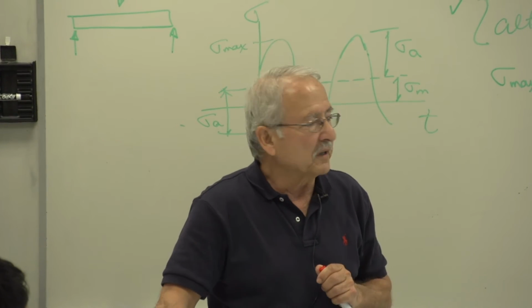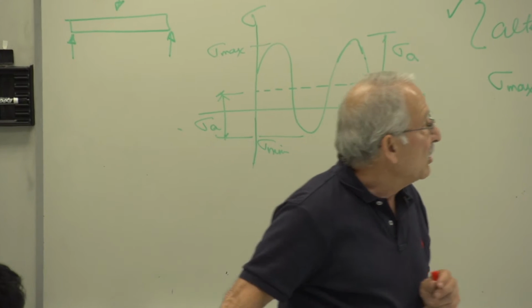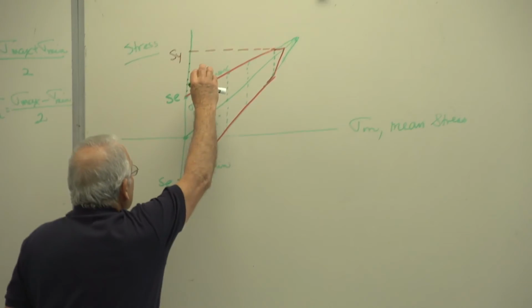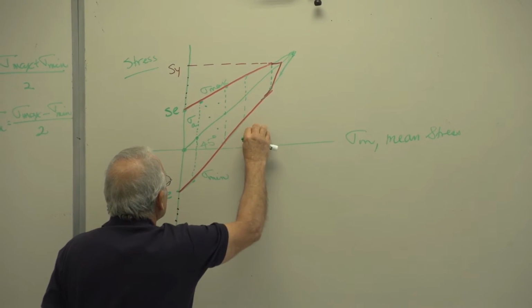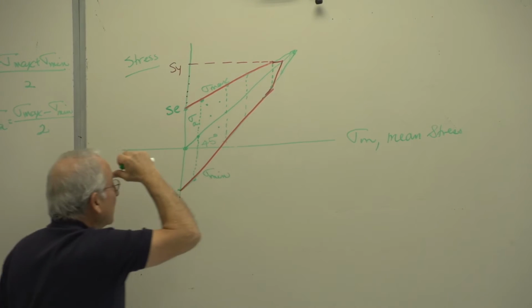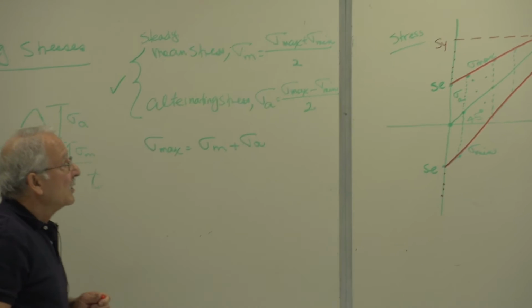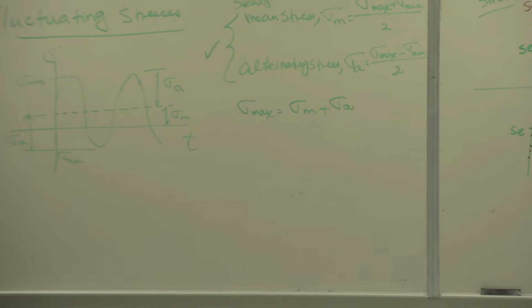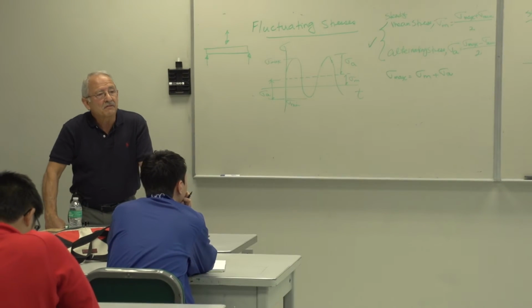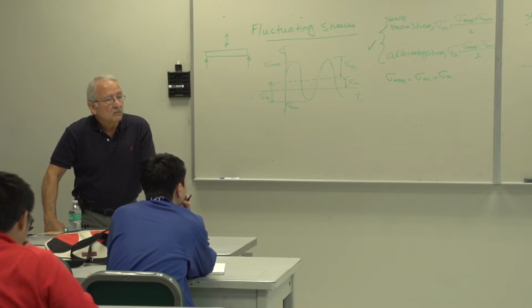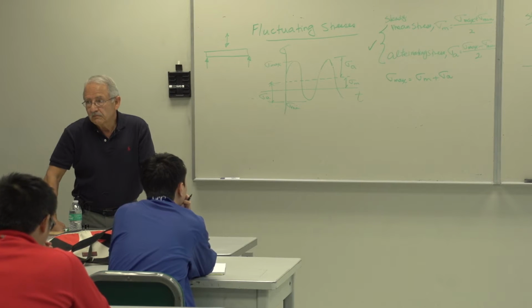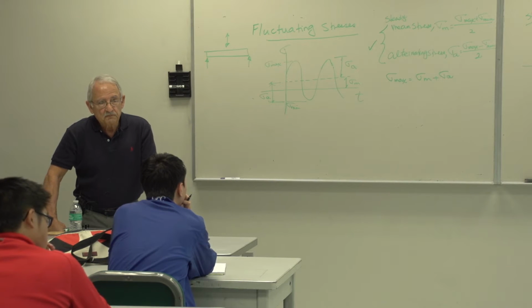We'll see how to find that factor of safety. If your point falls outside of this region, well, here it doesn't count, actually, it's over there, then it means that the material will not have infinite life. There's fatigue failure. Any questions?